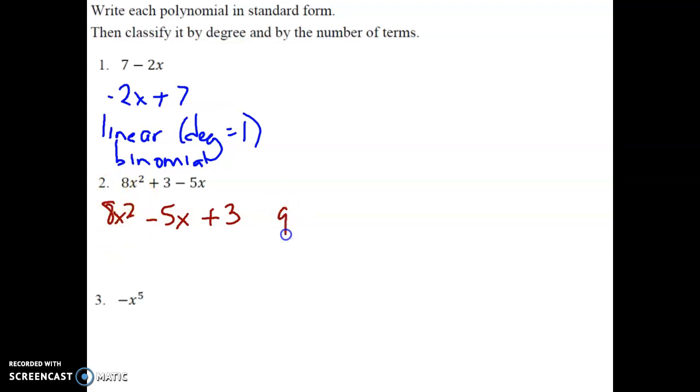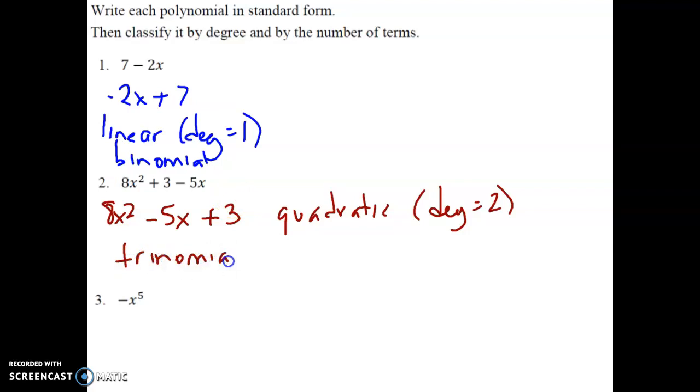So this means this one is going to be quadratic. And it's quadratic because the degree is equal to 2. All right, and then classify by the number of terms. Well, if I count, I see 1, 2, 3 terms. So that makes this one a trinomial. Tri for 3, just like tricycle has 3 wheels.